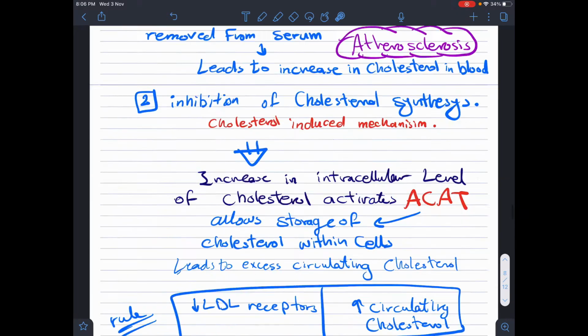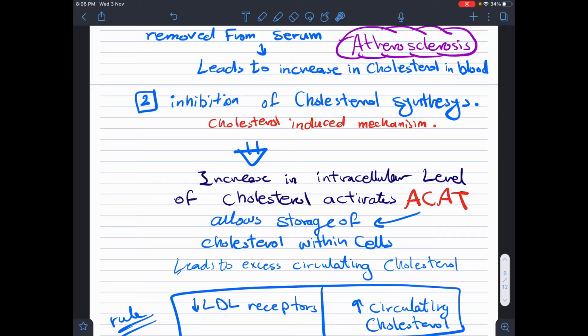The second thing is that cholesterol inhibits cholesterol synthesis. It's like a feedback regulation. It increases the intracellular level of cholesterol and activates ACAT, an enzyme. ACAT allows storage of cholesterol within cells. I want you to focus here: this is caused by a high cholesterol level, and it inhibits cholesterol synthesis.